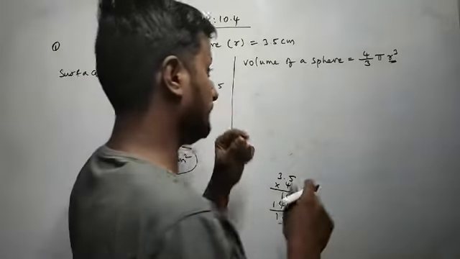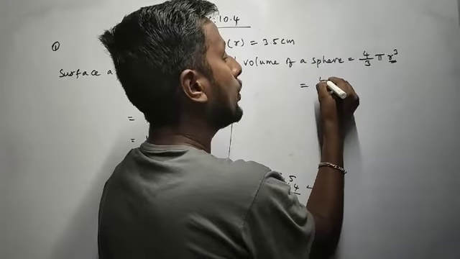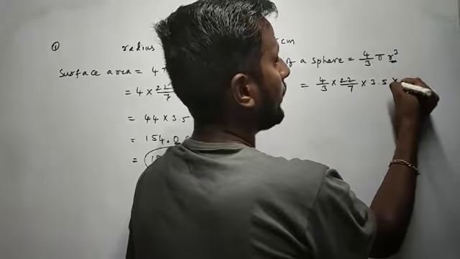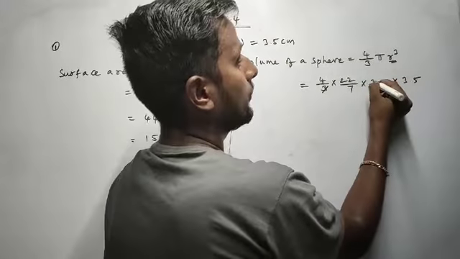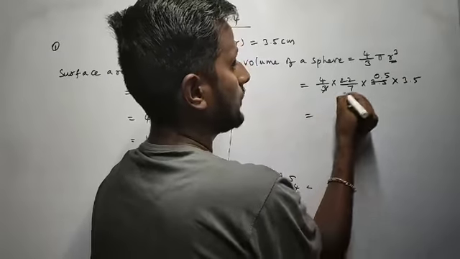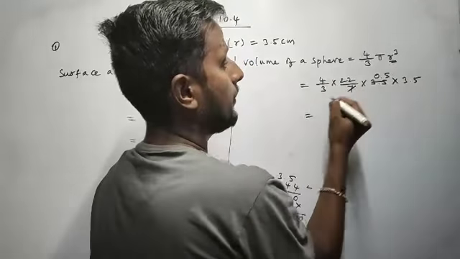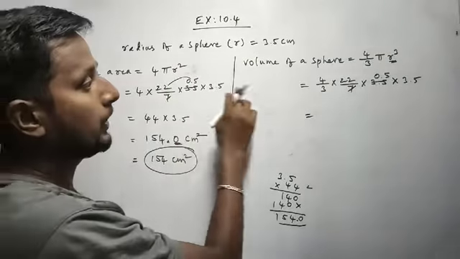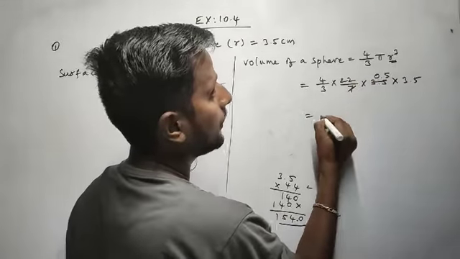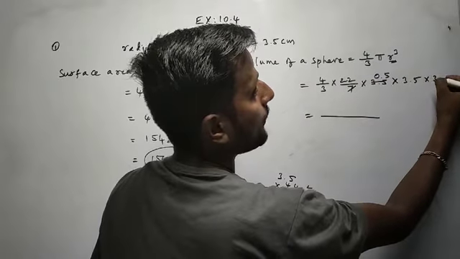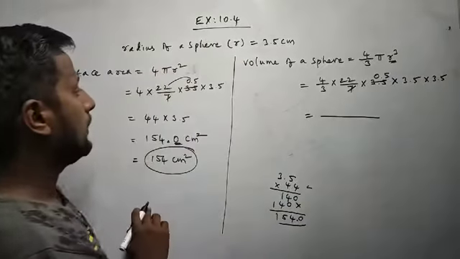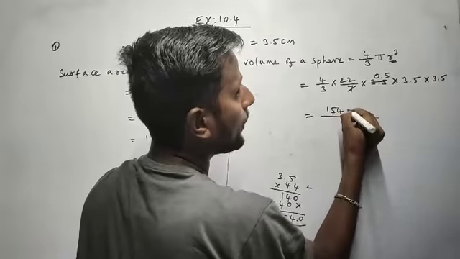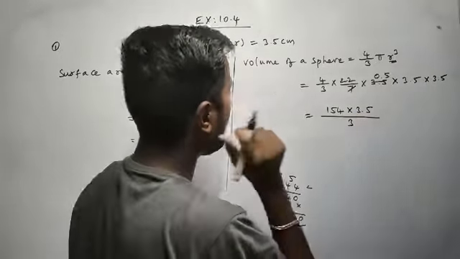Now for volume: 4 by 3 into 22 by 7 into 3.5 into 3.5, and one more 3.5, since it is r cube. Up to 4 pi r square, the answer we got is 154. So I'll write 154 into 3.5 by 3.